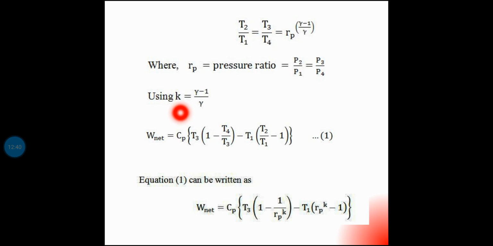Now using notation K is equal to gamma minus 1 by gamma, we will get W net is equal to Cp into T3 into 1 minus T4 by T3 minus T1 into T2 by T1 minus 1. Now substituting for T4 by T3 and T2 by T1, this equation 1 can be written as W net is equal to Cp into T3 into 1 minus 1 by Rp raised to K minus T1 into Rp raised to K minus 1.